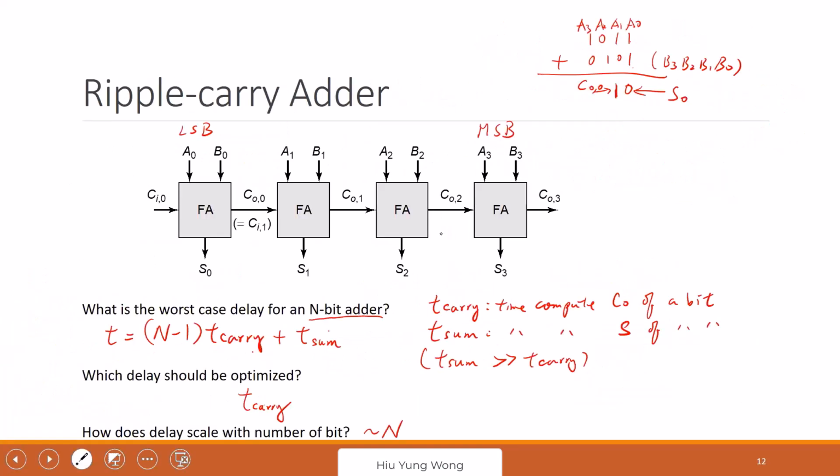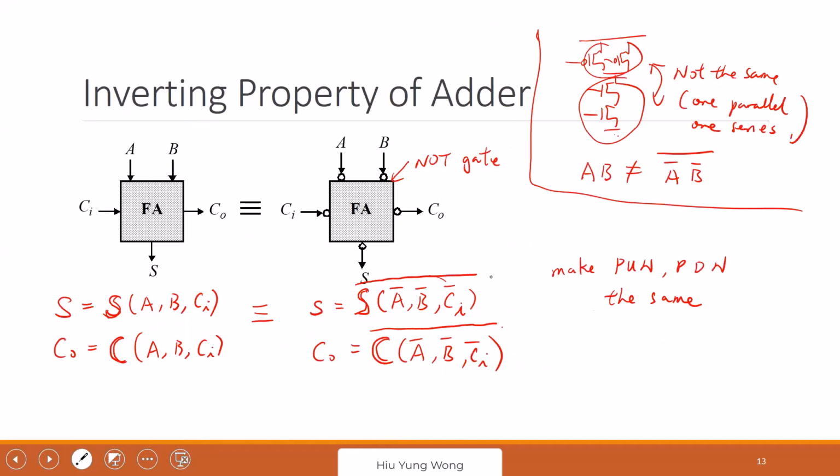Think about this. C in comes in, carry in, carry out. Yes, now I wait for this carry out to compute S, but this carry out is still propagating. It takes longer to get S0, but it doesn't matter, because this one is still not ready. The only problem is in the last stage, this will take a little bit more time, but this saves a lot of logic.